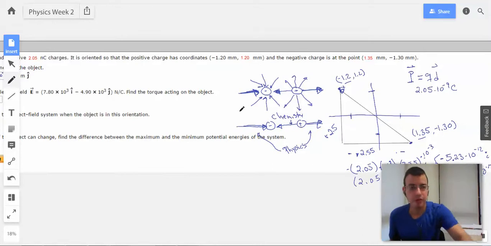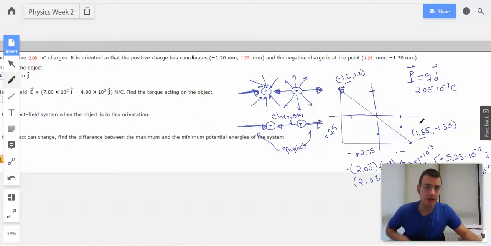So let's see here. I'll say this is 7.8 right there, and then 4.9, negative 4.9, I'm going to say is right about here.